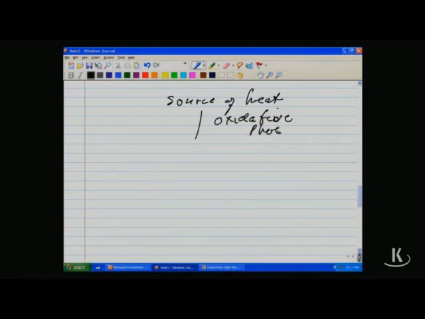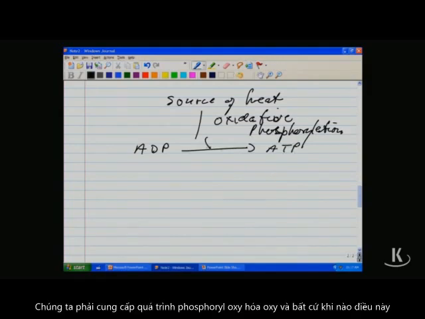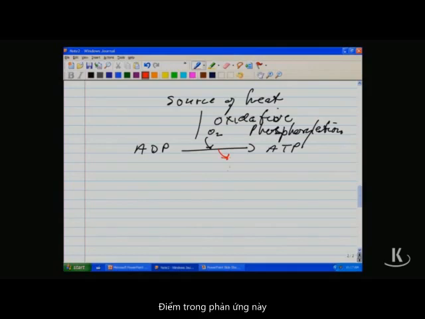Oxidative phosphorylation. And where is oxidative phosphorylation taking place? In the electron transport chain. Remember that in the electron transport chain, ADP is converted to ATP, and for that we must supply oxygen, oxidative phosphorylation, and whenever this occurs in this reaction, heat is released.